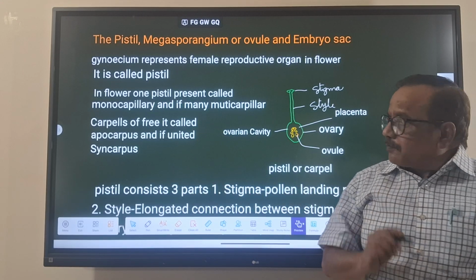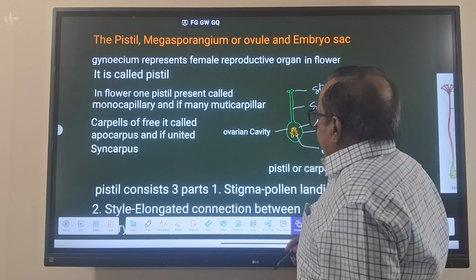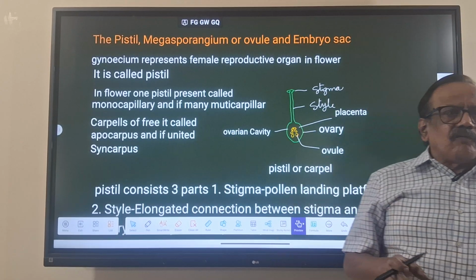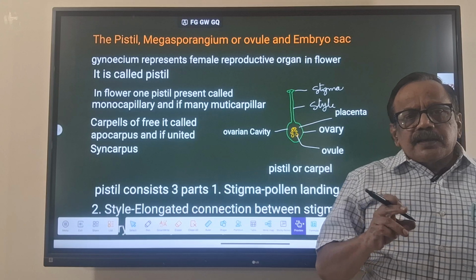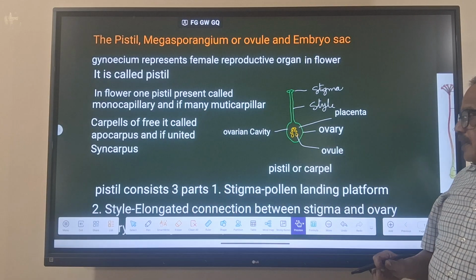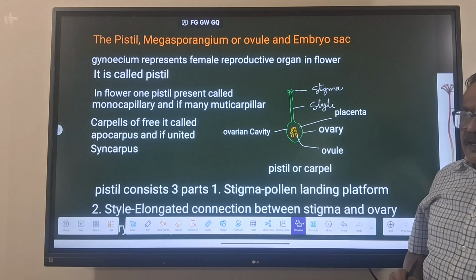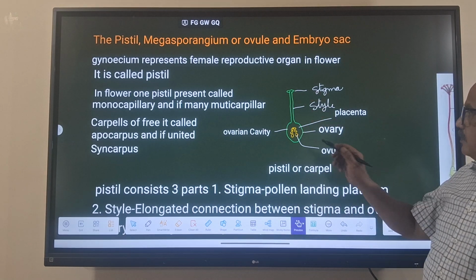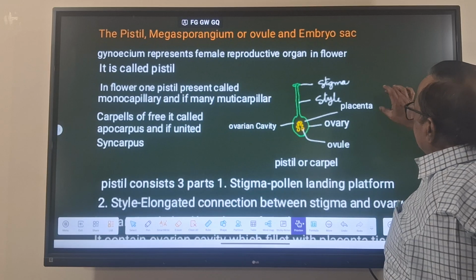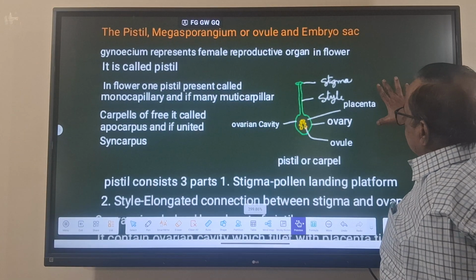Apocarpous, syncarpous. Now we will see what parts are present in the pistil. The pistil consists of three parts: stigma, style and ovary.